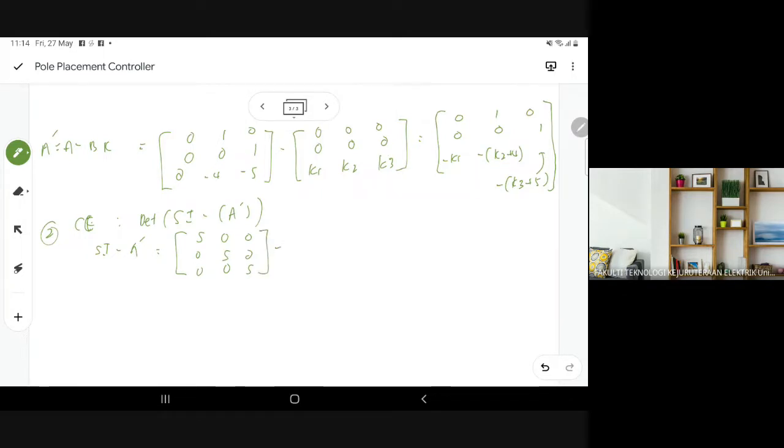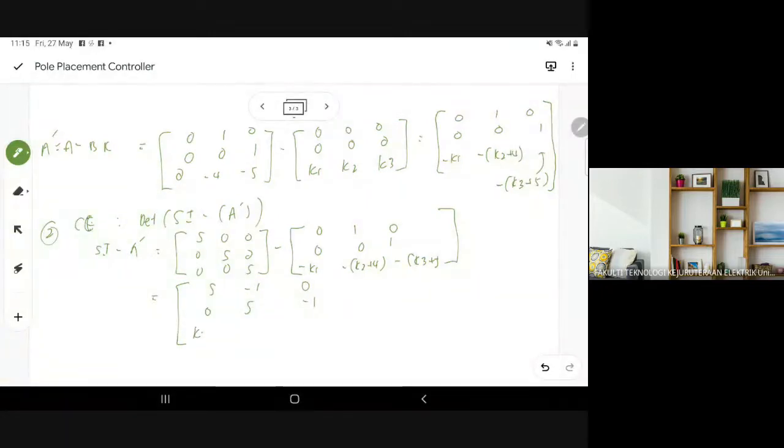And this is the new A: 0, 1, 0, 0, 0, 1, negative K1, negative K2 plus 4, negative K3 plus 5. And finally, this is your sI minus the new A: s, negative 1, 0, 0, s, negative 1.